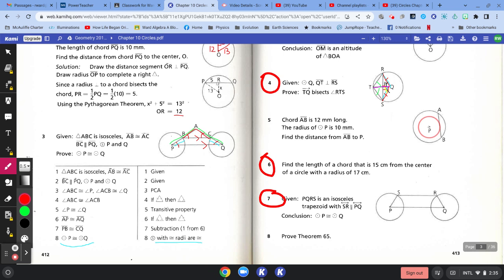So I'm going to say that this chord, AB, is the chord we're considering, and it is 15 centimeters from that center, and the radius is 17.